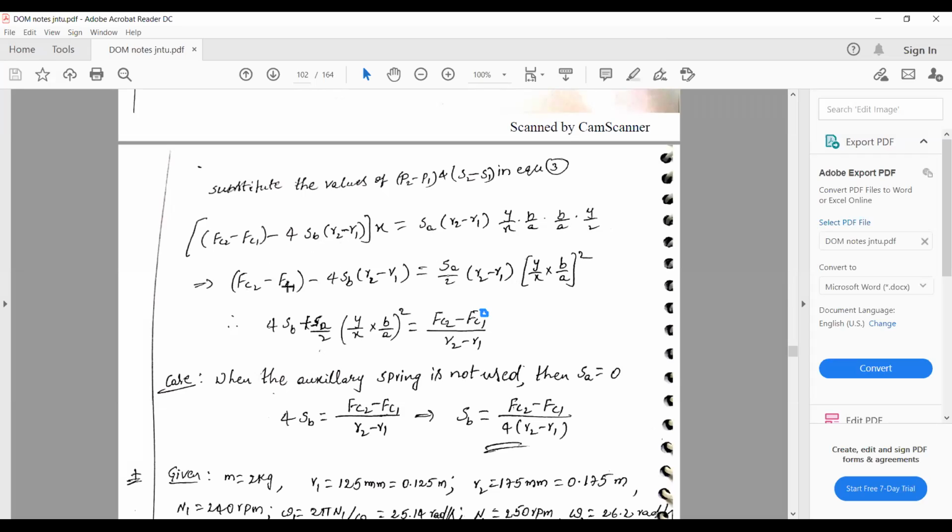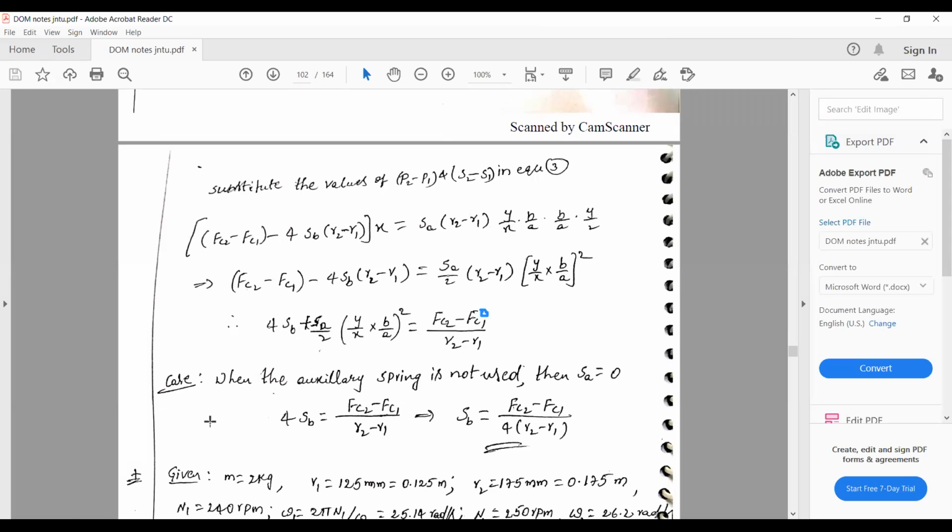This X is also sent to the right side. So the term is 4 into SB plus SA by 2 into Y by X into B by A whole square equals Fc2 minus Fc1 by R2 minus R1.